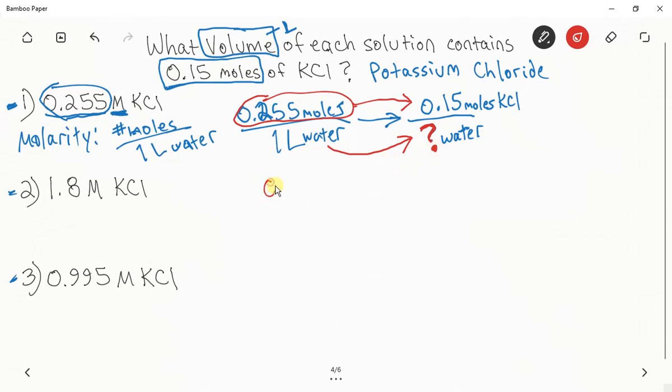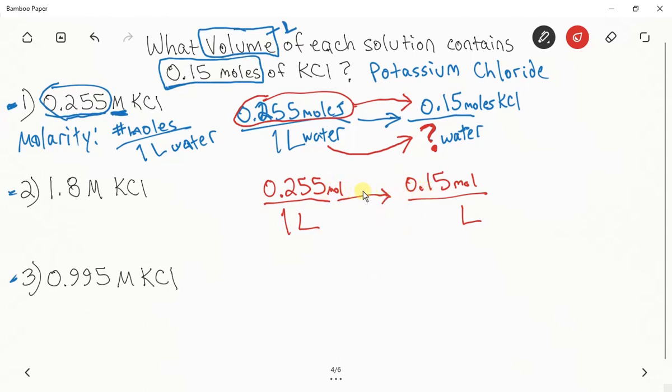So if we have 0.255 moles over 1 liter, and we need to go to 0.15 moles over so many liters, how do we do that? How do we go from 0.255 moles to 0.15 moles?